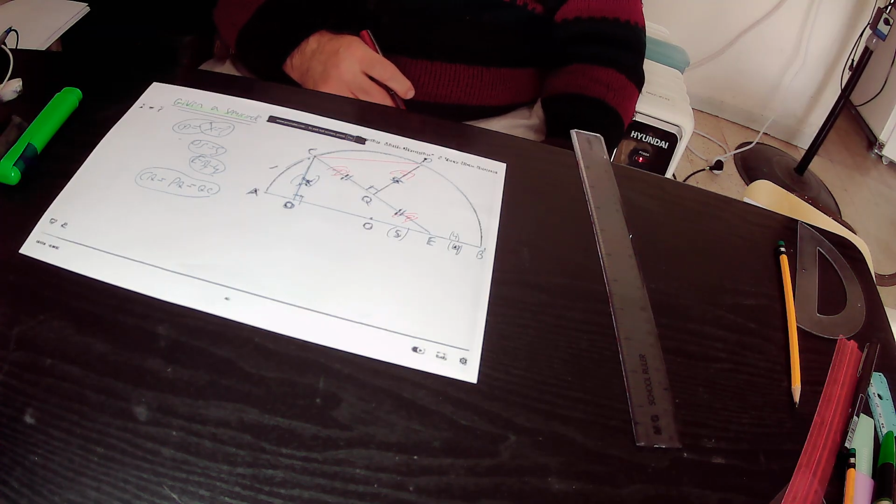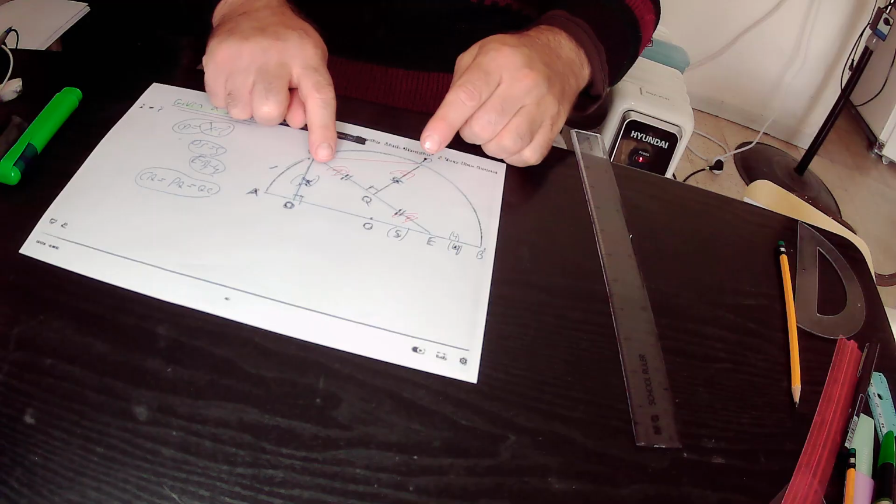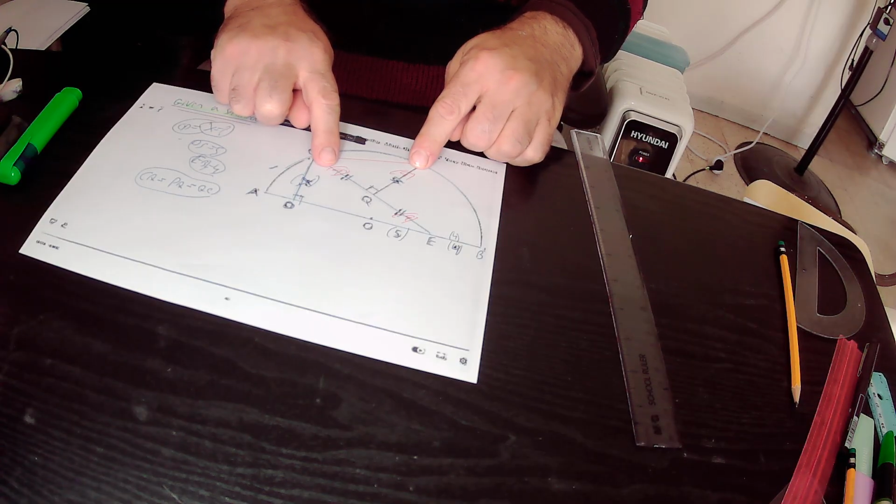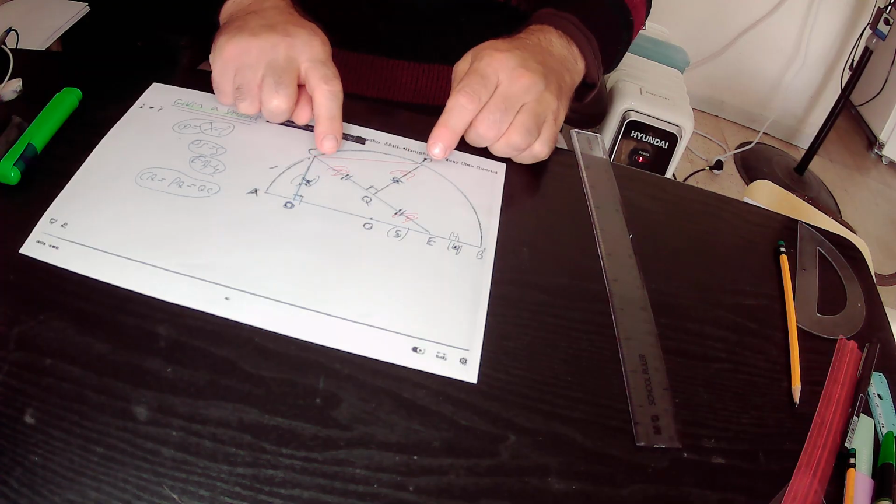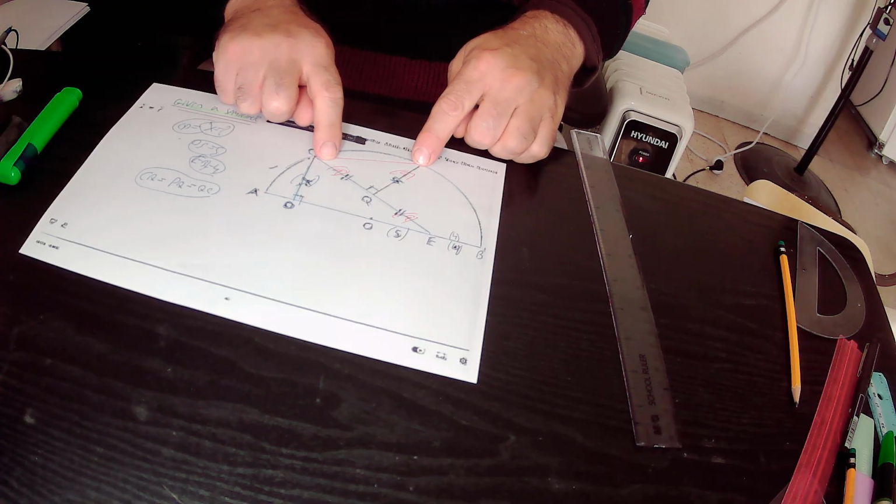We have the rule that says that in front of equal sides in a triangle, there are equal angles. So in front of those two sides, which are both equal to A and therefore equal to each other, we have two angles that must also be equal to each other, according to the rule I mentioned.